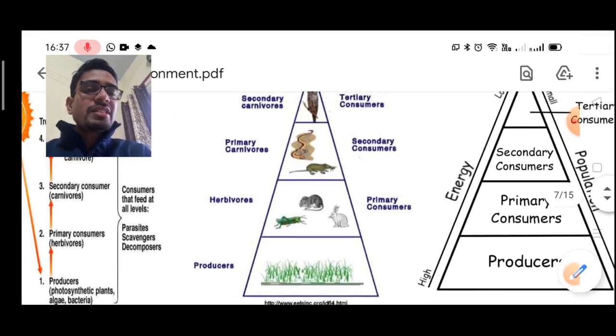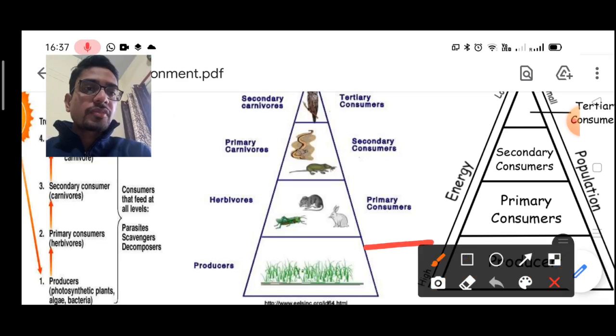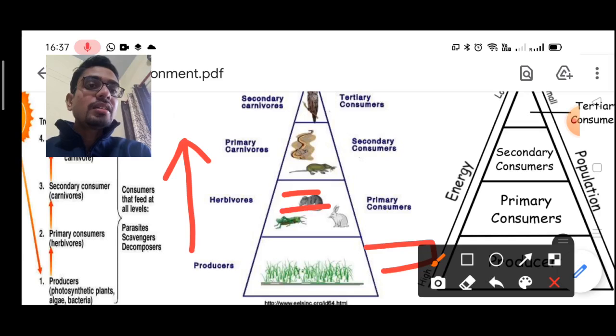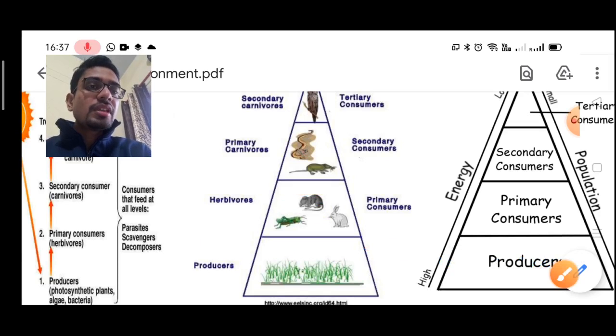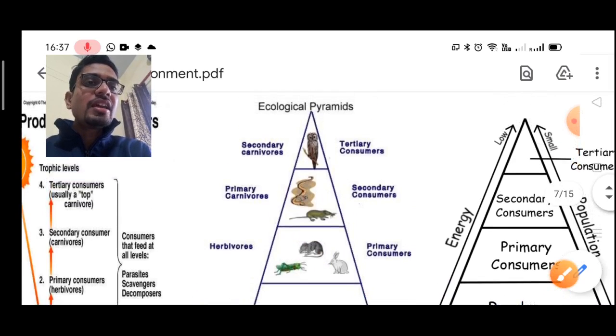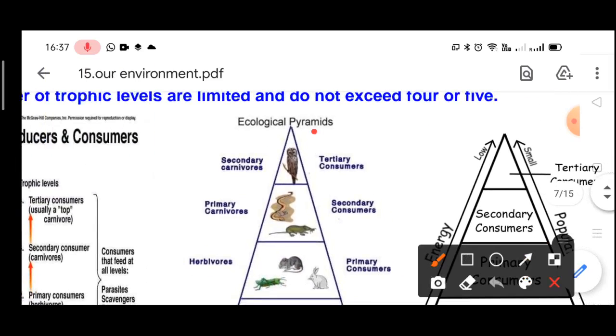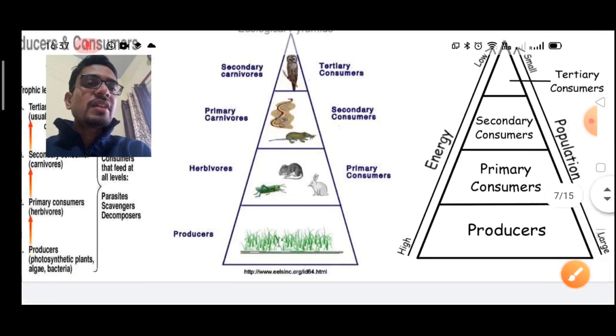So the lowest trophic level represents producers. Why? As you can see, as you move up, this area gets reduced. ठीक है, सबसे ऊपर वाला जो ट्रॉफिक लेवल है उसका एरिया बहुत कम है और सबसे नीचे वाले का बहुत ज़्यादा है.